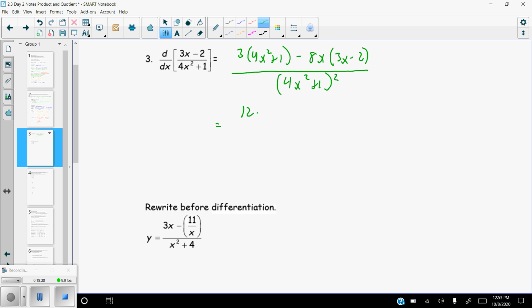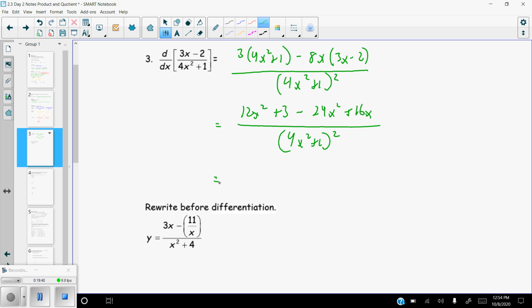So 12x squared plus 3 minus 24x squared plus 16x, all over 4x squared plus 1 squared.